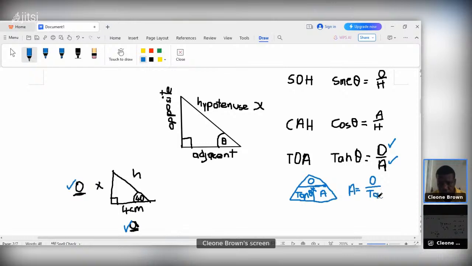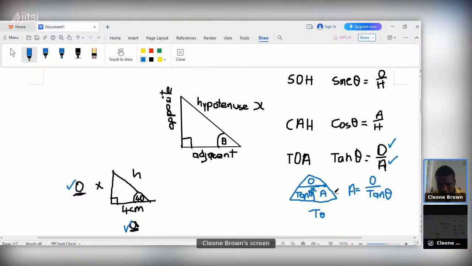Right? So that is that. Then if you cover the opposite side, which is the side we're trying to find now, you'd be left with tan theta multiplied by the adjacent.